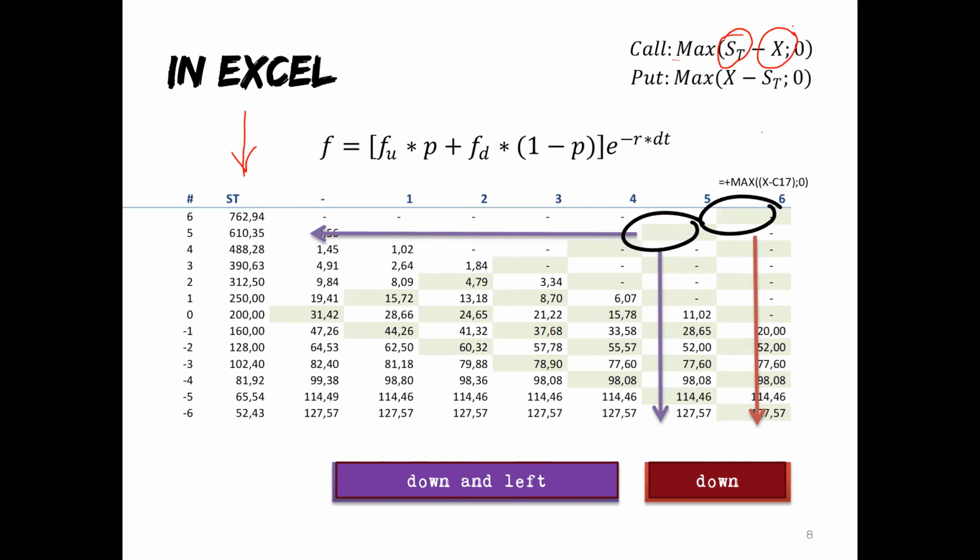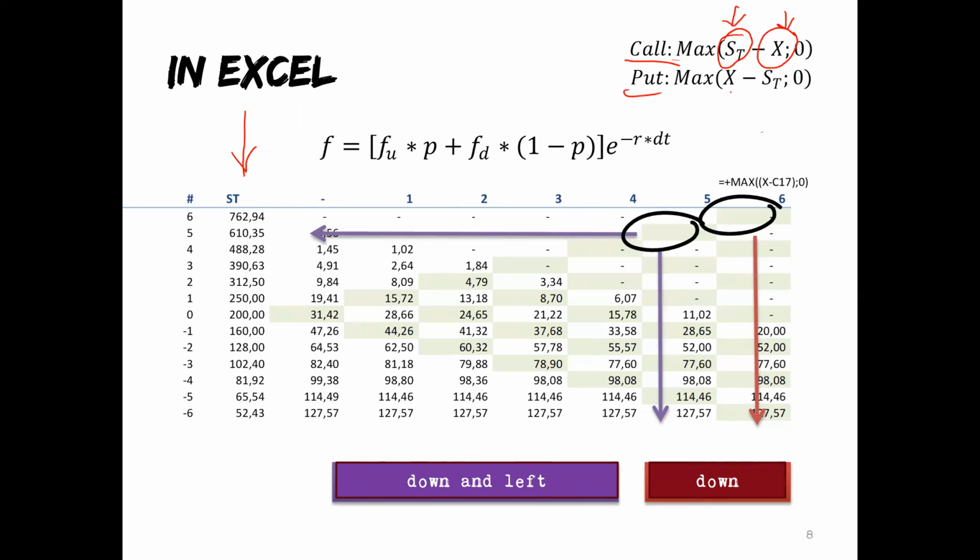In other words, this is the price we have the right to pay to buy the asset. So we will exercise this option in a call when we have the right to buy cheap, when we have the right to buy at a strike which is small compared to the current price of the underlying asset.